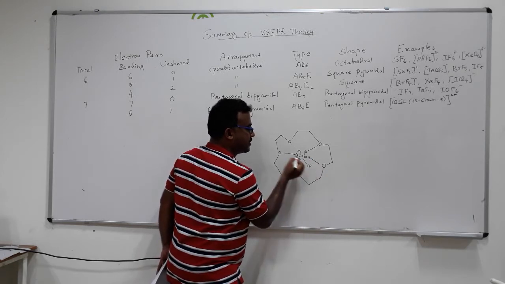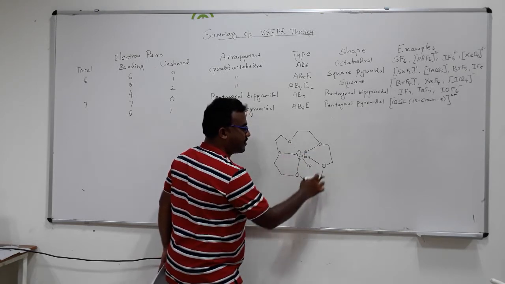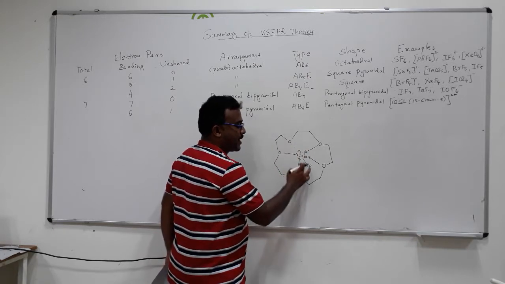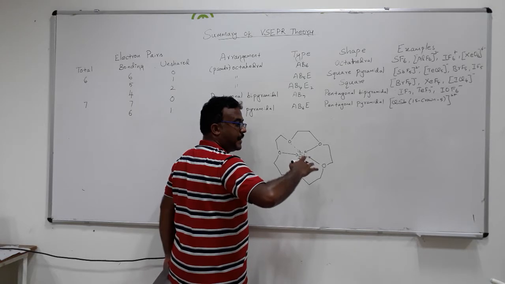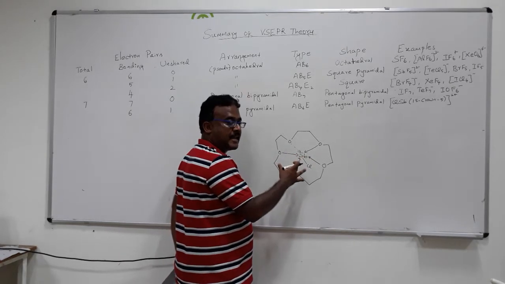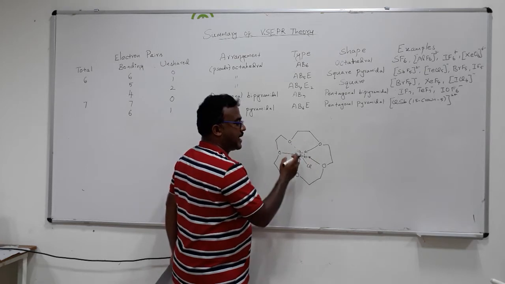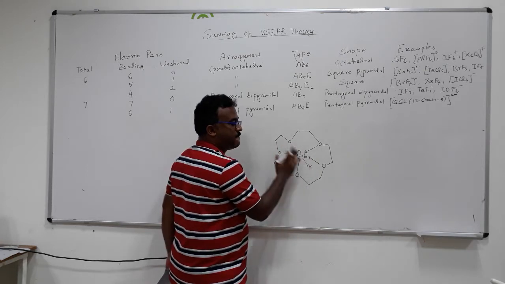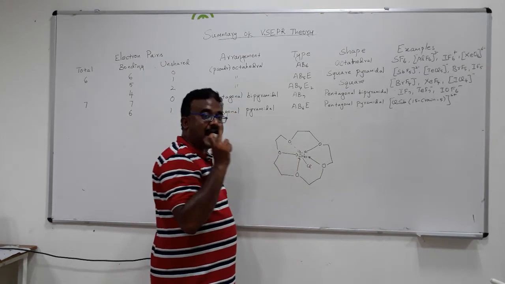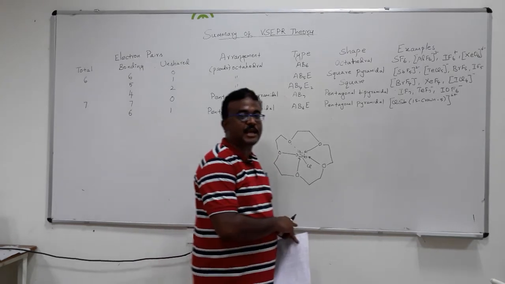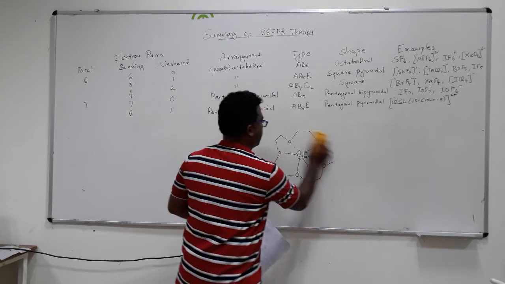Then it gives the geometry: the 5 oxygen atoms give a basal plane of pentagonal, and 1 chlorine atom is just above the plane, so it gives the geometry of pentagonal pyramidal. Below the plane of the 5 oxygen atoms, you have 1 unpaired electron pair. So the overall geometry of this one can be called pentagonal pyramidal.